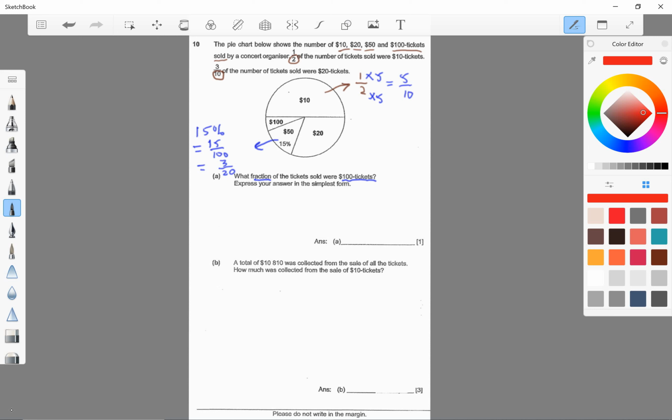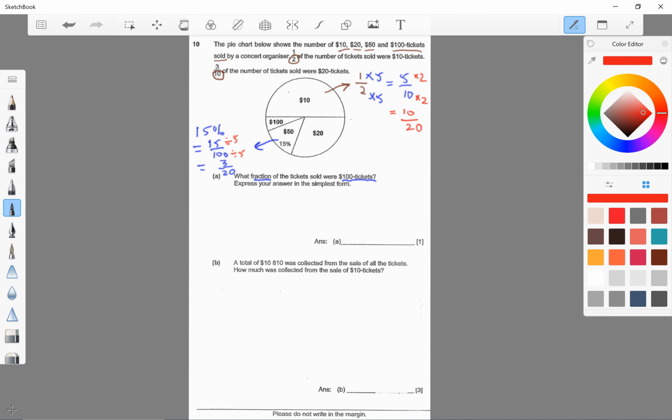I realized that if my 15 out of 100 is 3 out of 20 after simplifying it, it also goes to show that my 5 out of 10, I got to change it into denominator 20. In doing so, I will have 10 out of 20, which is none other than 10 units.